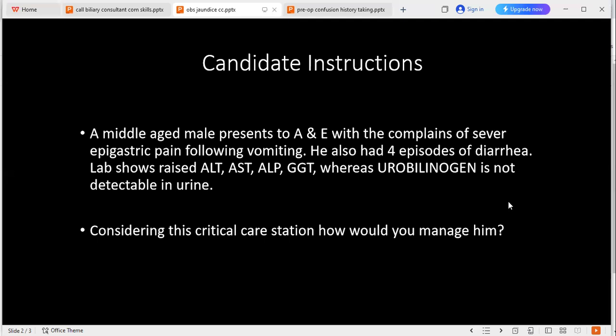So this urobilinogen enters into the circulation, and it results in formation of yellow color in the urine. Once it doesn't enter into the bowel, urobilinogen cannot be traced, ma'am.